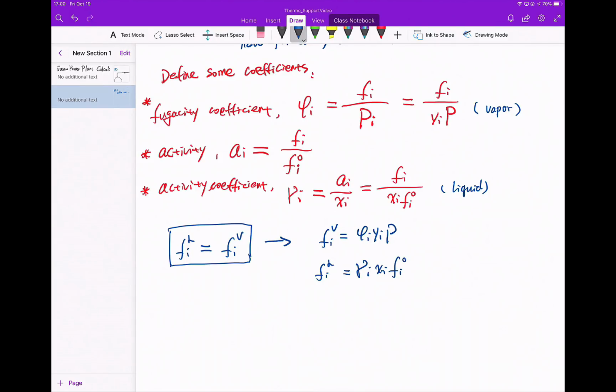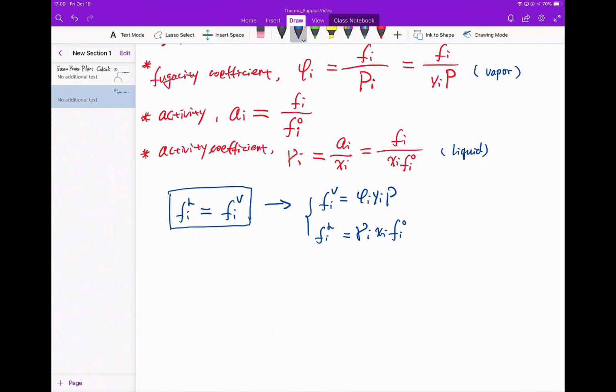So when we are using that tool, then we could have phi i yi P equal to gamma i xi fi naught.